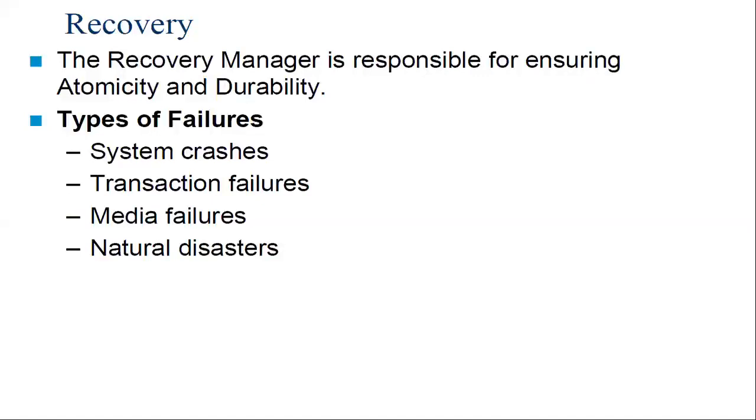Media failures can come from whatever media, network, or system you are using, and due to that failure there is a chance of transaction failure. Natural disasters we already studied. All sorts of calamities lead to the failure of a transaction.